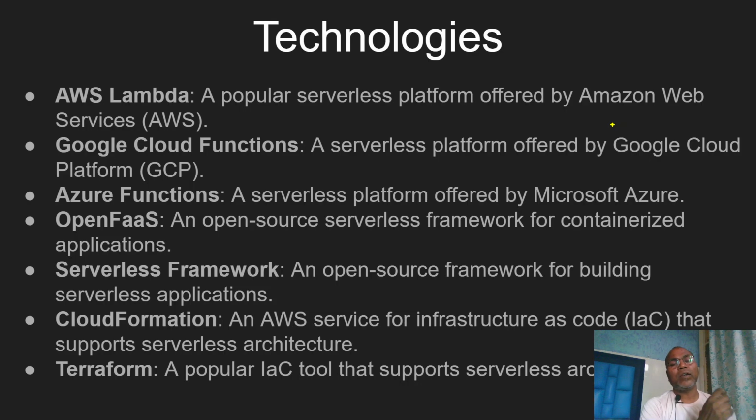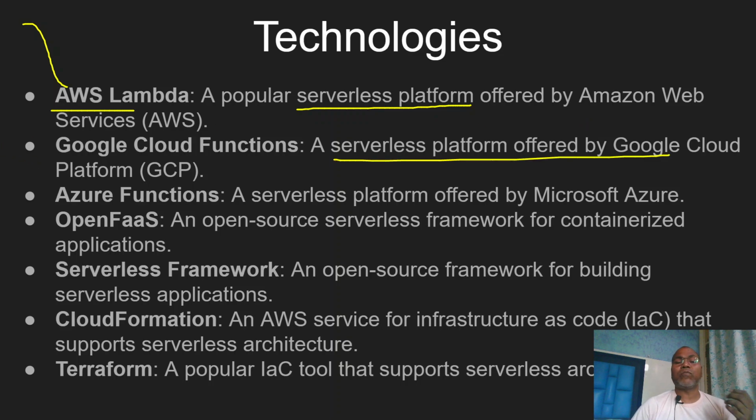If we are thinking of using serverless architectures, you can choose AWS Lambda, the most popular serverless platform offered by Amazon, okay? Google also offers a serverless platform, Google Cloud Functions, and Microsoft offers serverless via Azure Functions.